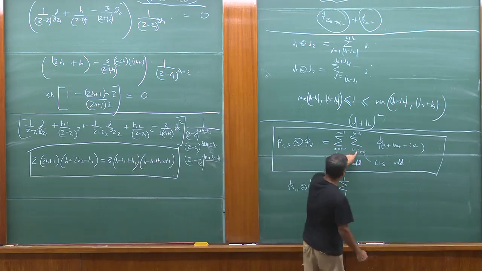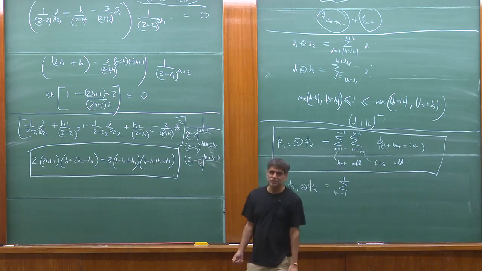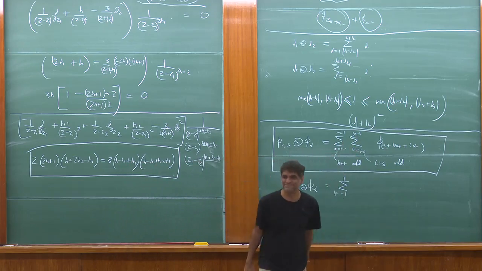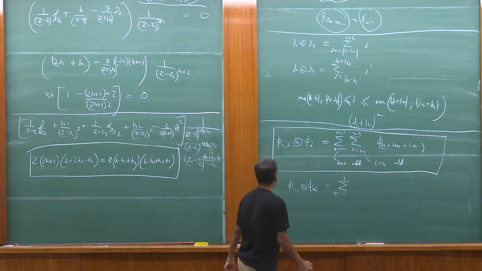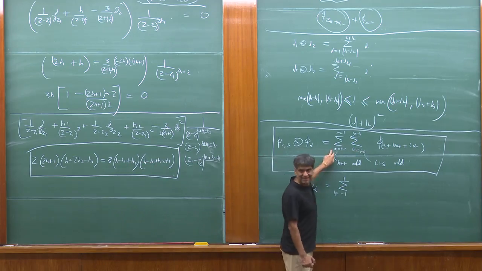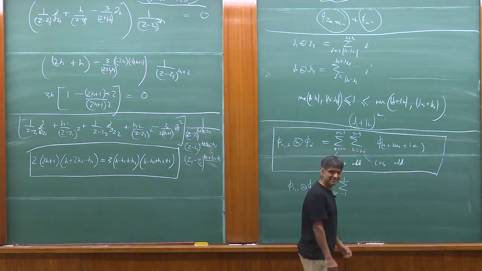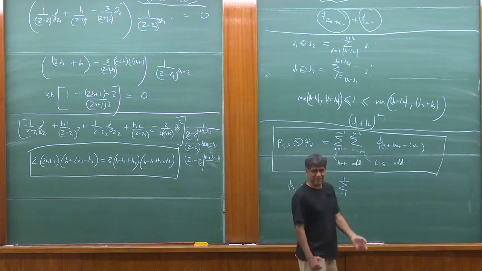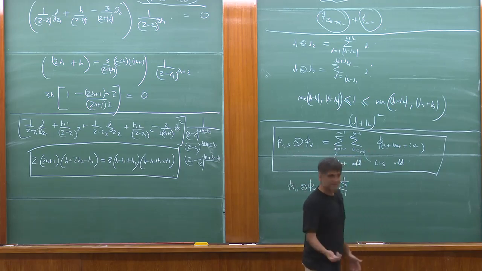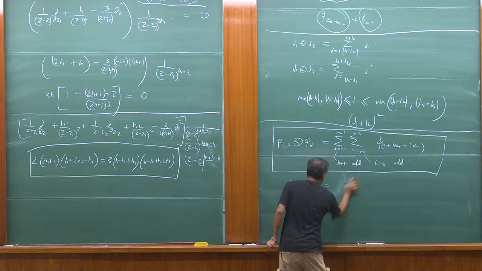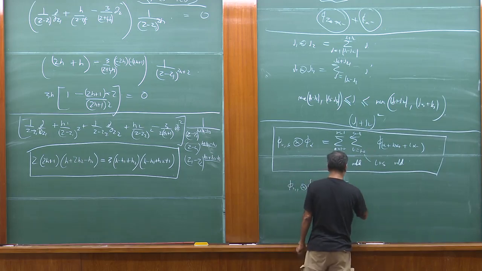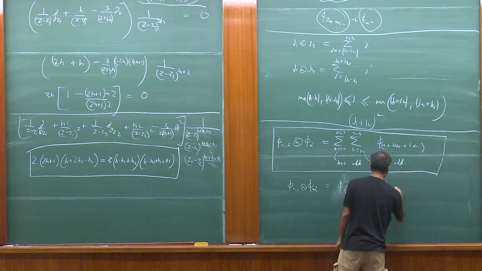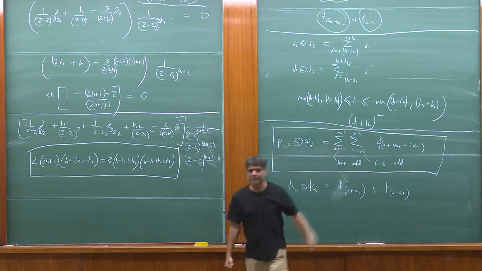It starts at 0 and ends at 0, so L is always 0. So the two values of k are minus 1 and 1. The value of L is 0. And so we get phi of alpha plus phi of alpha minus alpha. Exactly as we had above.